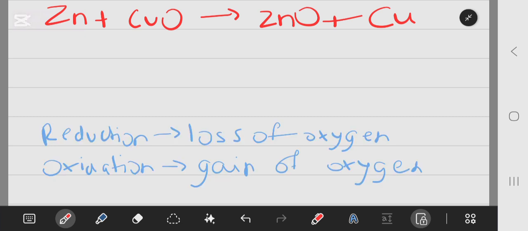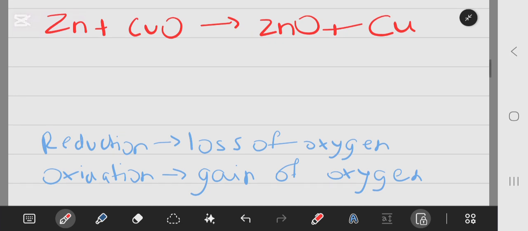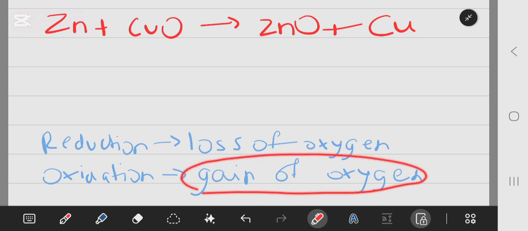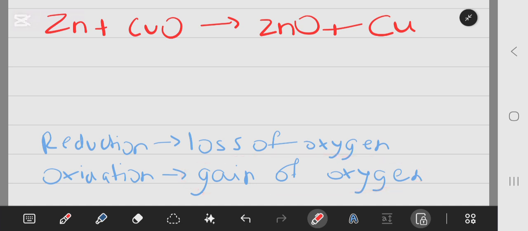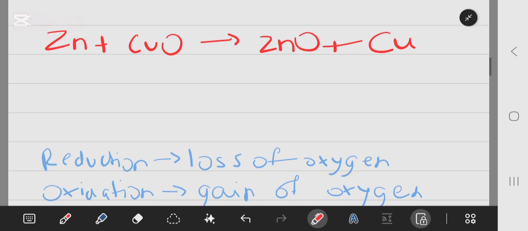What we need to identify in this reaction is which element gains oxygen and which element loses oxygen. We can clearly see that on the reactant side, zinc was without oxygen, and on the product side zinc has made a bond with oxygen.